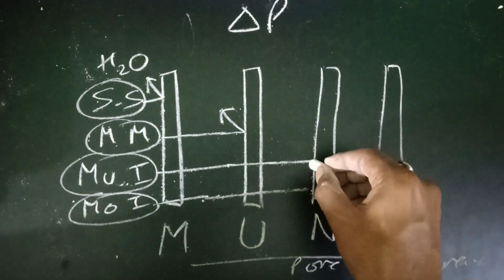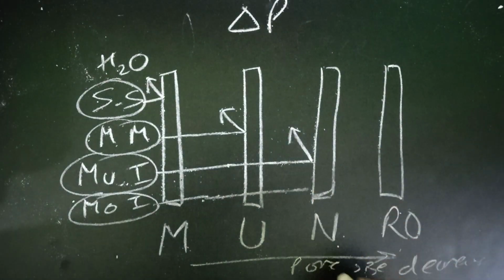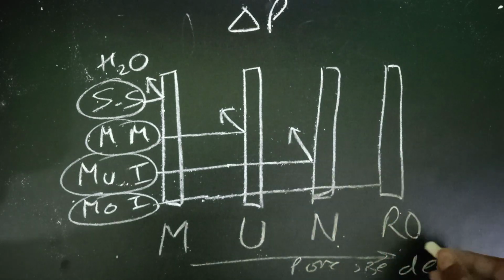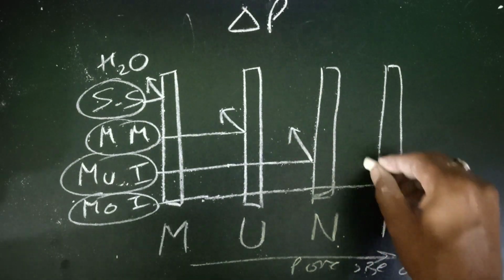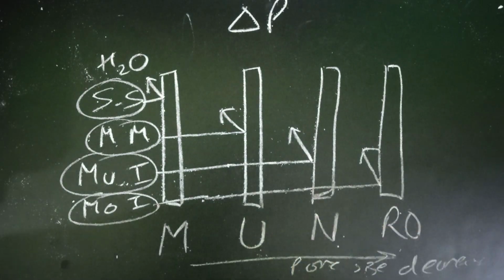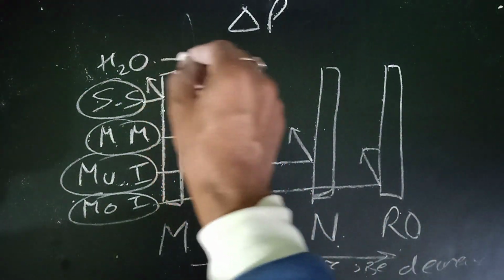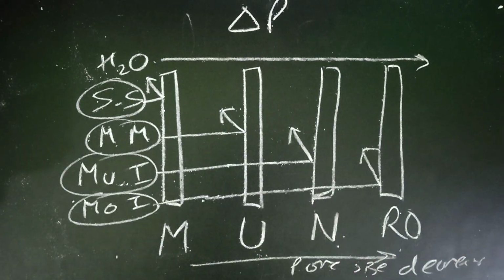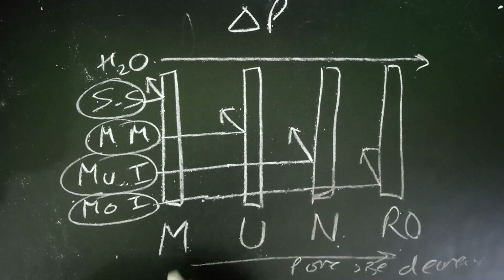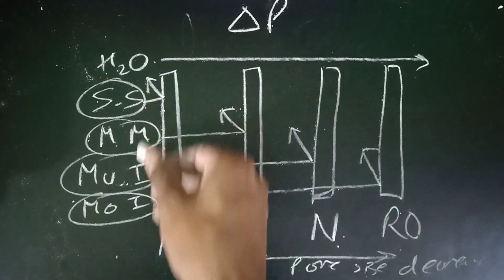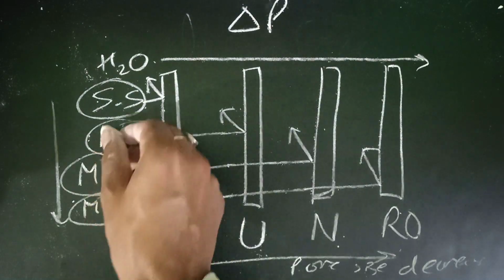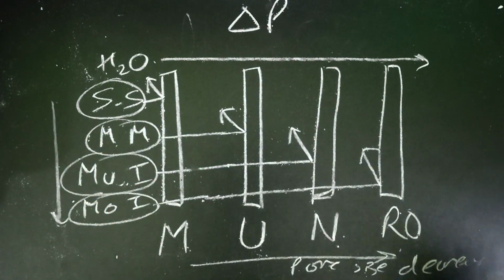Then in the nanofiltration, multivalent ions will be rejected while monovalent ions will pass, but finally in the RO, even the monovalent ions will be rejected, and water will pass through all the membranes. This is the pressure difference, and in this way the size is actually decreasing.